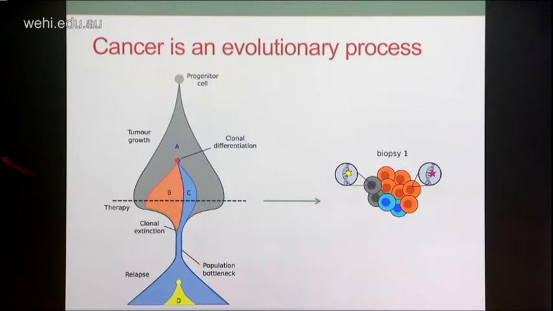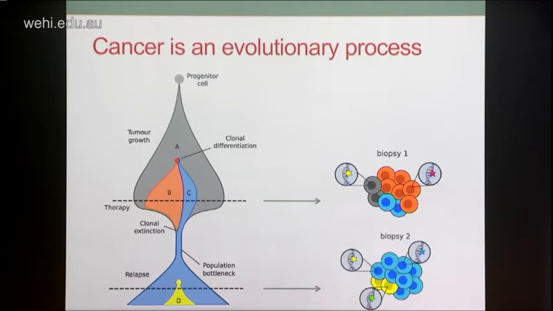If you take a biopsy at this particular point in time and you have a bulk tissue sample, and you look at the different mutations that are present within these clones, you might be able to differentiate that there's this one large clone B that is descended from this clone A as well, and then you've got this clone C that is defined by unique mutations.